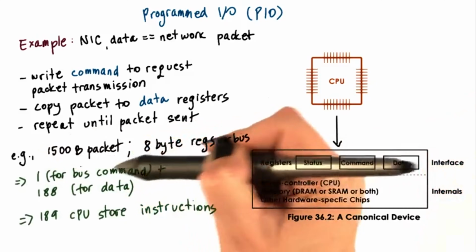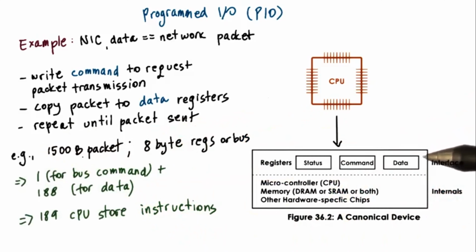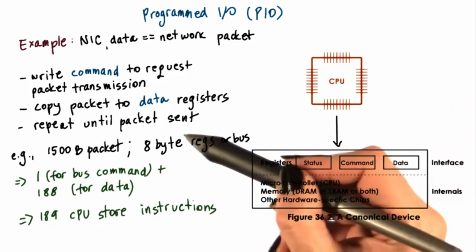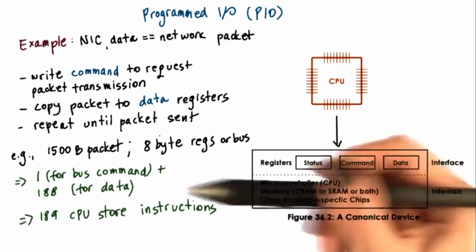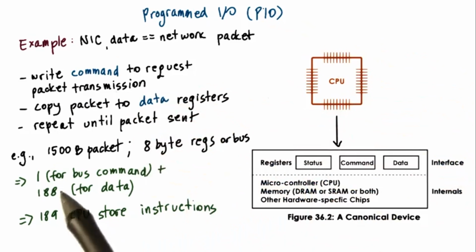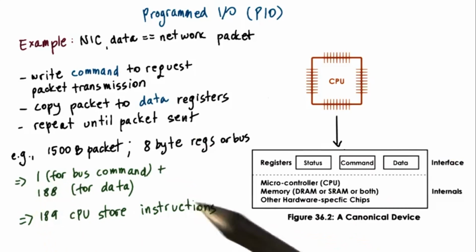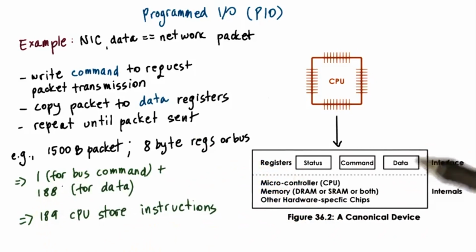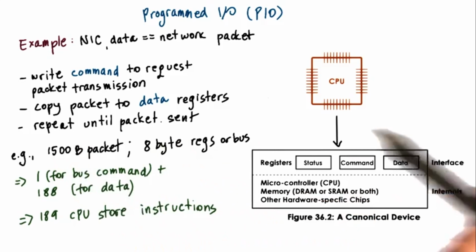For instance, if we have a 1500 byte packet and the device data registers, or the bus that connects the device with the CPU, are 8 bytes long, then the whole operation of performing programmed I/O will require one CPU access to the device registers to write out the command, and then another 188 accesses, so 1500 divided by 8, approximately 188.